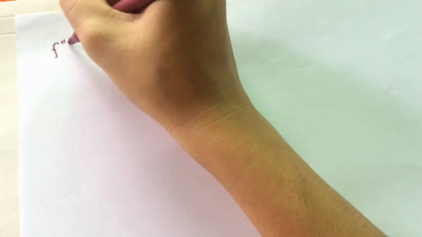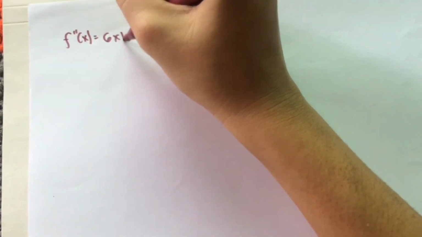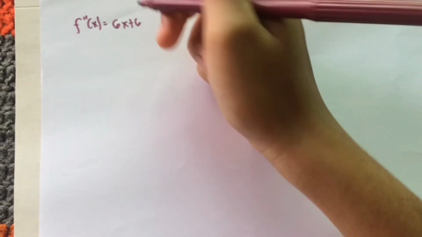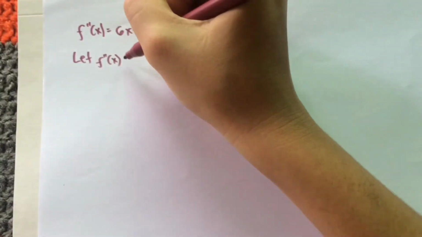Our next step is to find the points of inflection. To find this, we will use the second derivative, f of x is equal to 6x plus 6. Now let the second derivative be equal to 0.